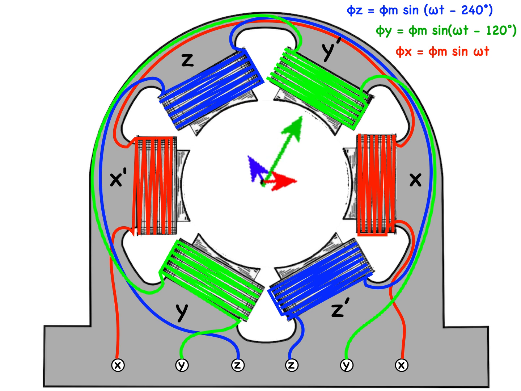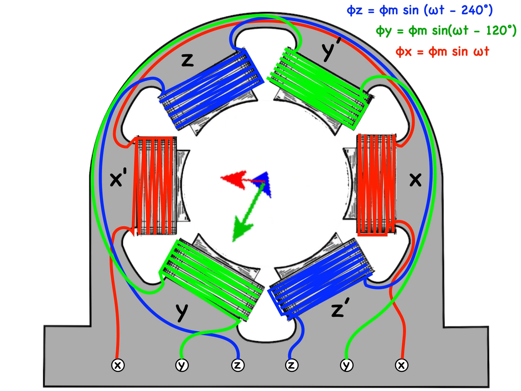Here we see the stator generated fields phi z blue, phi y green, and phi x red. The flux field I have represented by colored vector arrows. Notice that the flux fields are stationary, held in place by their respective stator coils. However, they do oscillate 0 to positive, 0 to negative, all oscillating at system frequency omega.